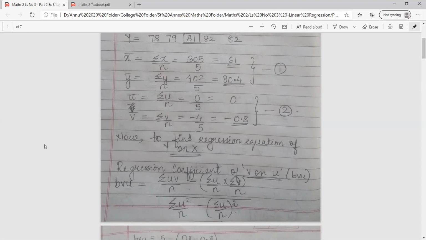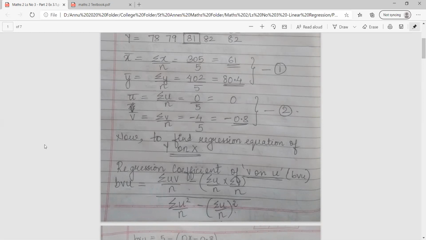In a similar manner, bxy is equivalent to buv and byx is equivalent to bvu. So whenever you replace your alphabets, just keep in mind, in place of x, u has entered and in place of y, v has entered.